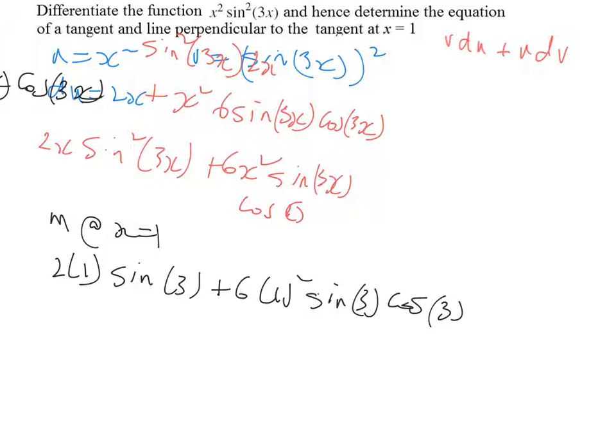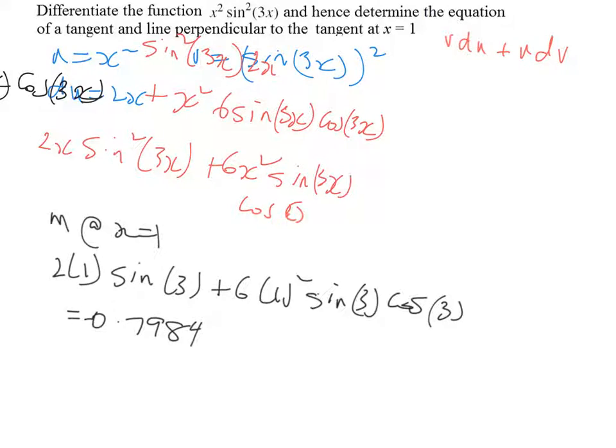Because we can't find an exact value, we don't have a nice number to deal with, substitute that into your CAS, and we end up with that value being negative 0.7984. So when x equals 1, the gradient of our original function is negative 0.7984.